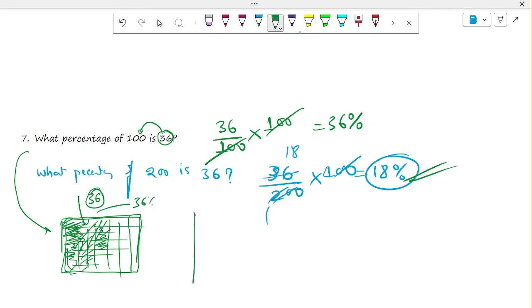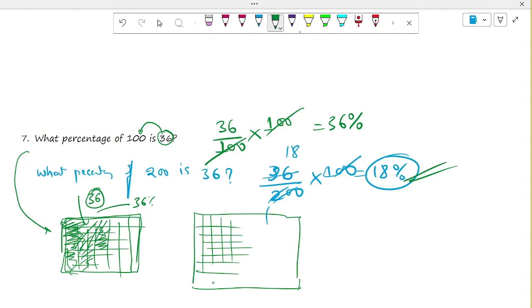Now imagine there are 200 boxes in this way, and in this 36 of them are colored. If 36 of them are colored from 200, then this will be much less than the previous one.